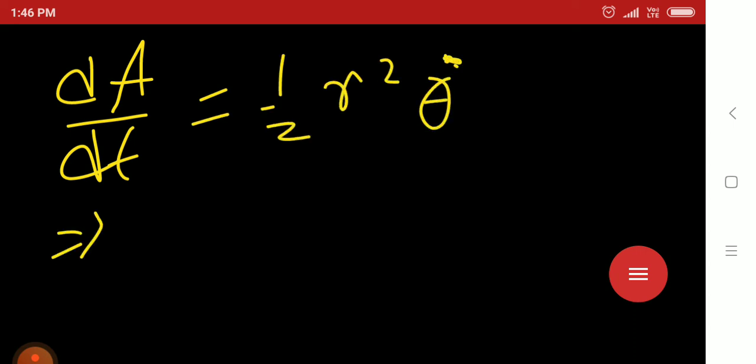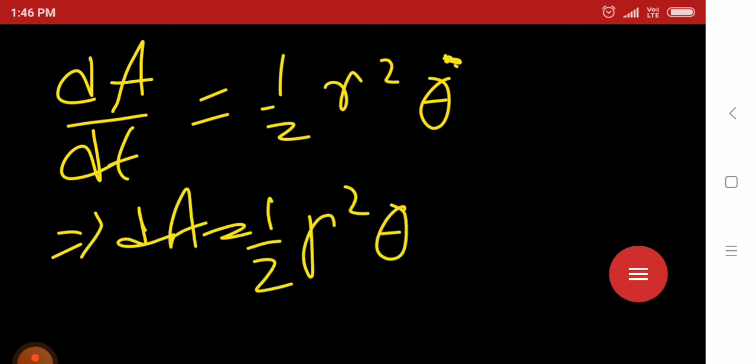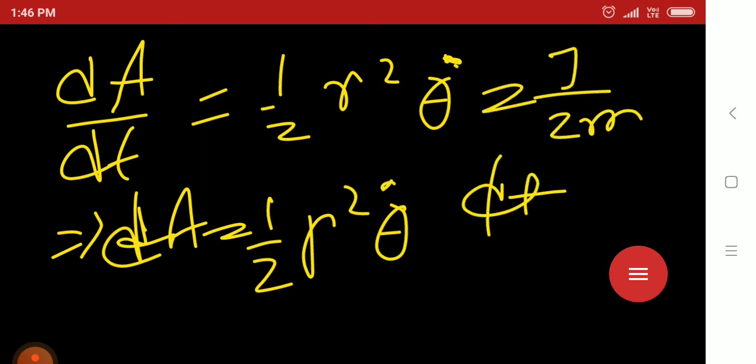So dA equals half r square theta dot into dt, which equals j by 2m into dt.